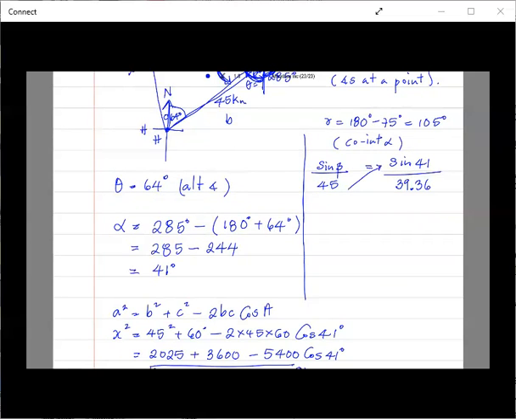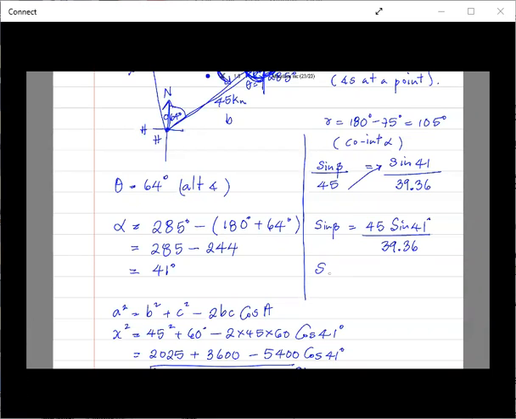I'm going to cross multiply to say that sine beta is equal to 45 sine 41 degrees over 39.36. So 45 sine 41 divided by 39.36. And I'm going to write the answer to 3 decimal places.